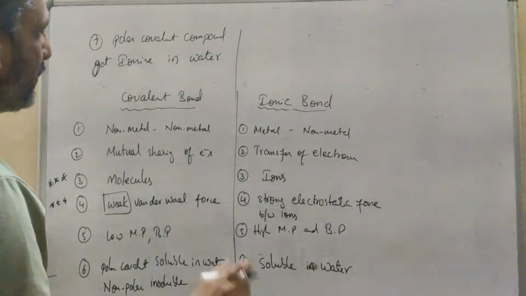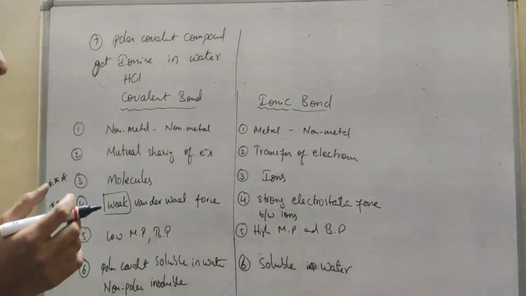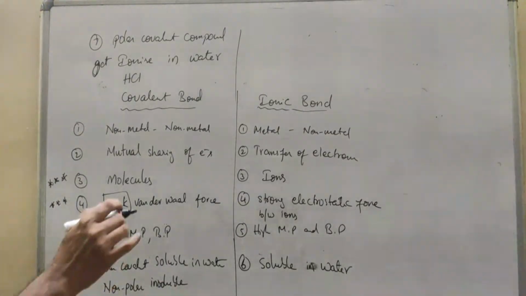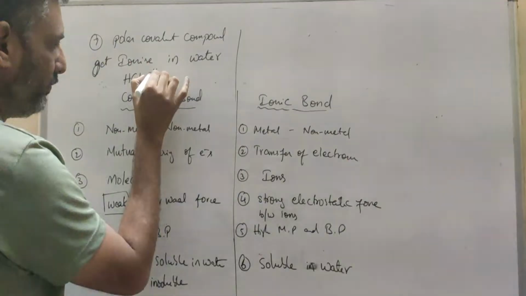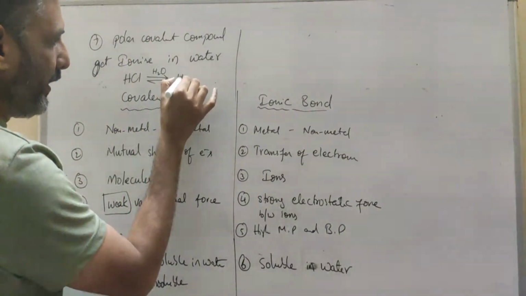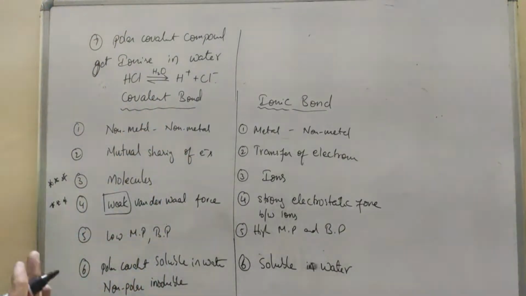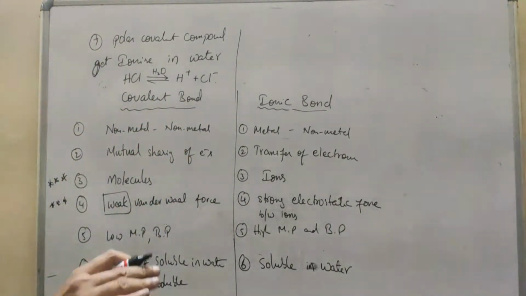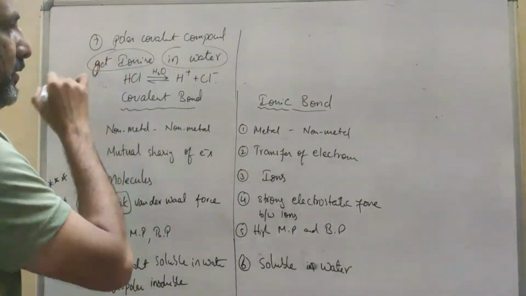Like for example, if you take HCl, HCl is a covalent molecule. HCl does not have any ions, but when you dissolve it in water, it gets ionized. It is forming new ions.